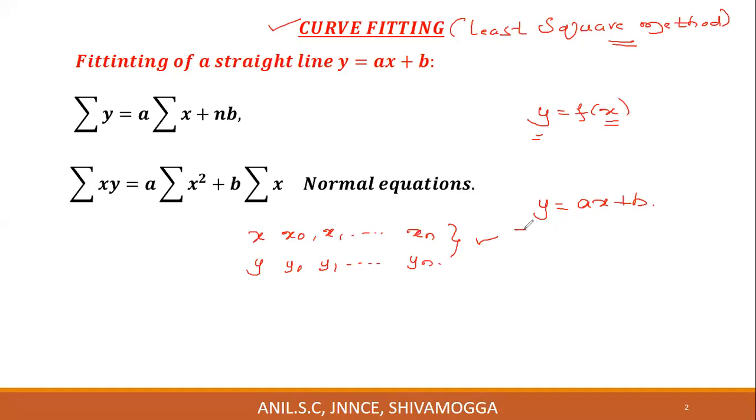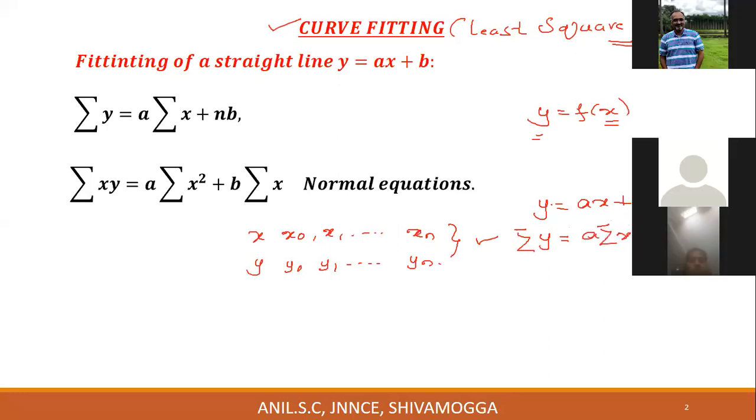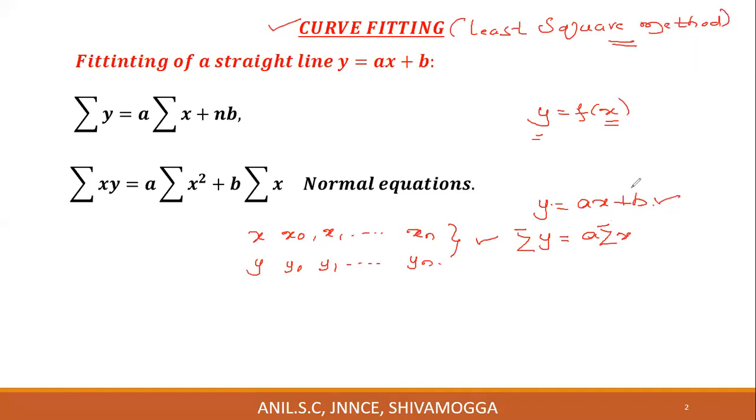Take summation on both sides. This y is equal to ax plus b. This is the standard expression for a straight line. Take summation on both sides. You get summation y is equal to a into summation x plus b is constant. There is no x, there is no y here.